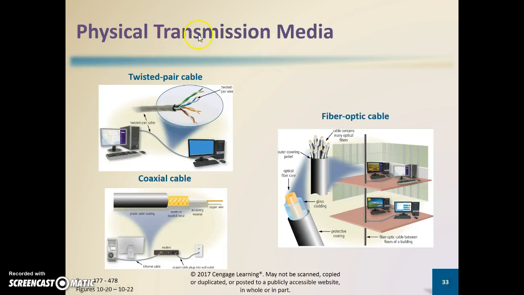So this is about physical transmission media. Twisted pair cable. These are 2 copper wires that are twisted together. The coaxial cable is a single copper wire with 3 layers. Number 1, insulation. Number 2, braided metal. And number 3, plastic outer coating. And 4 are the fiber optic cables.